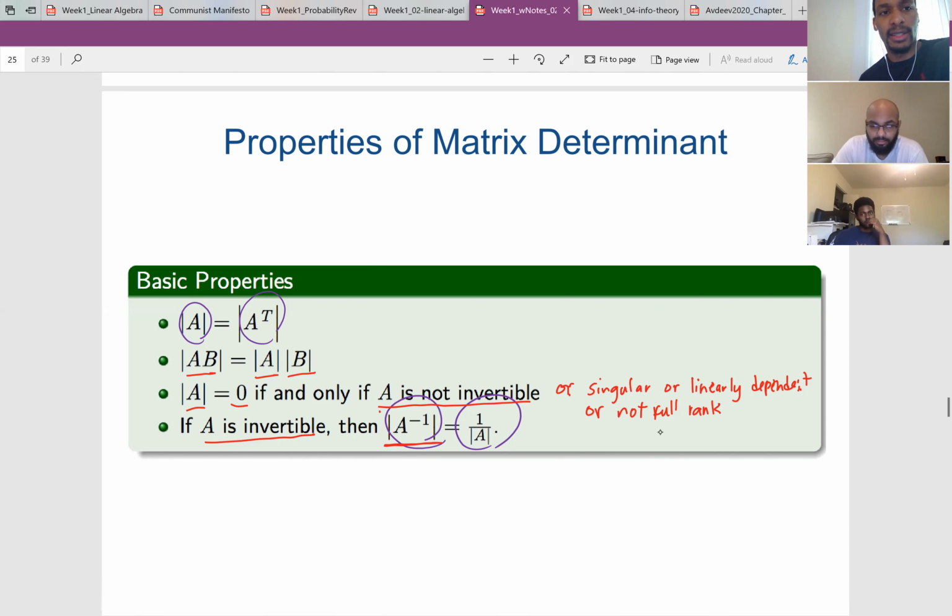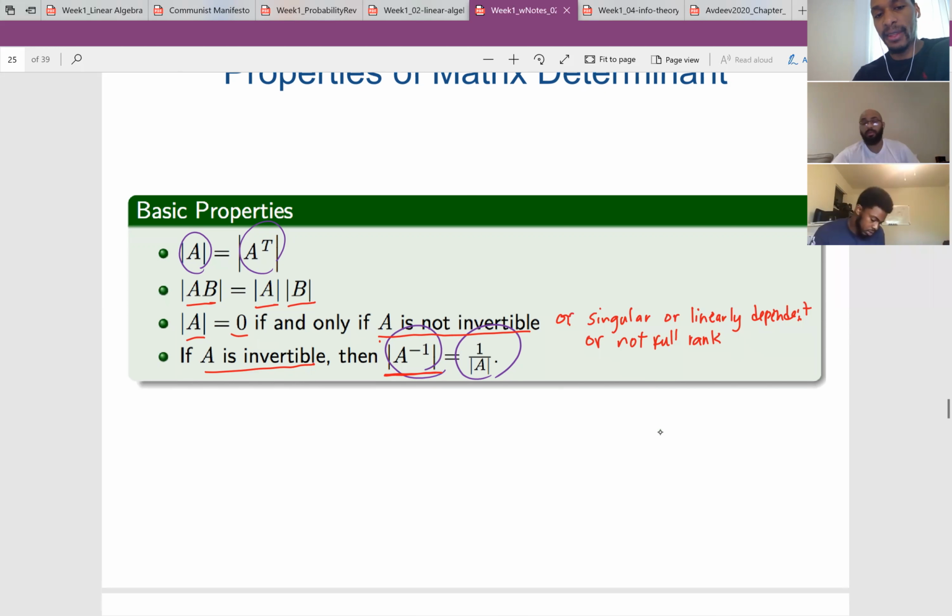And I really liked, if I remember correctly from the reading this week, the geometric definition of the determinant as basically the area that the vectors in the matrix span.